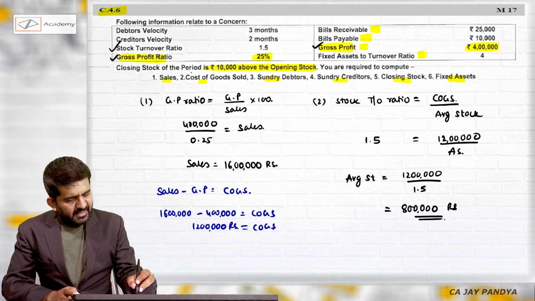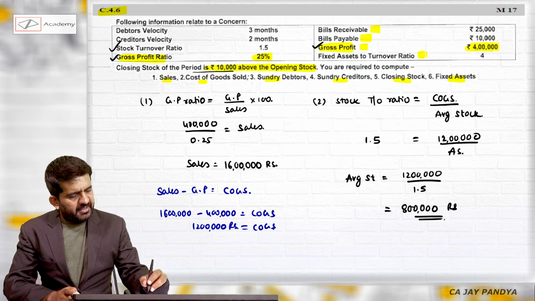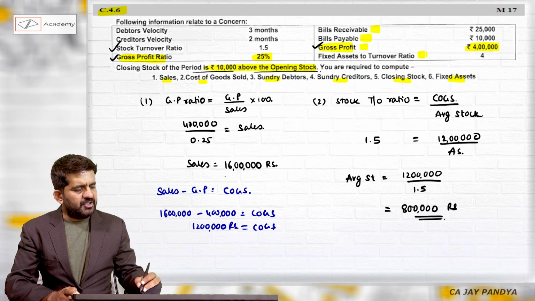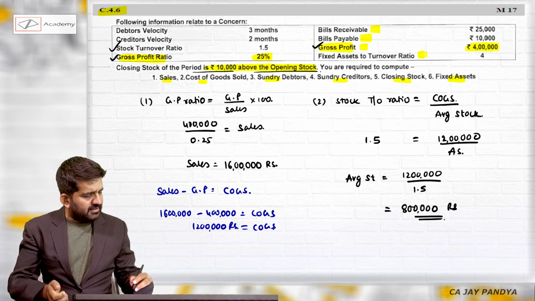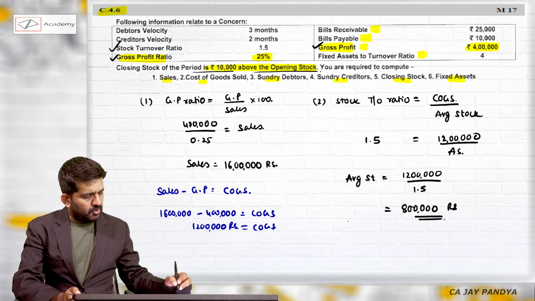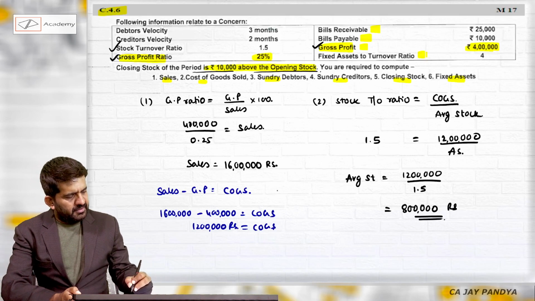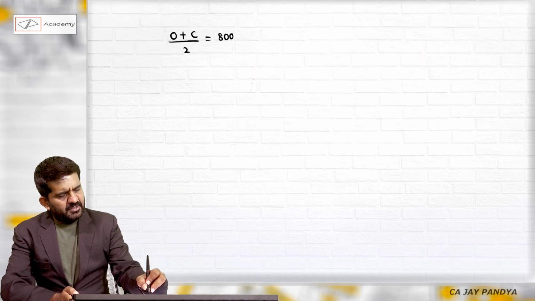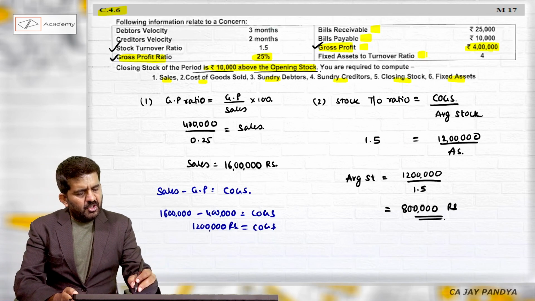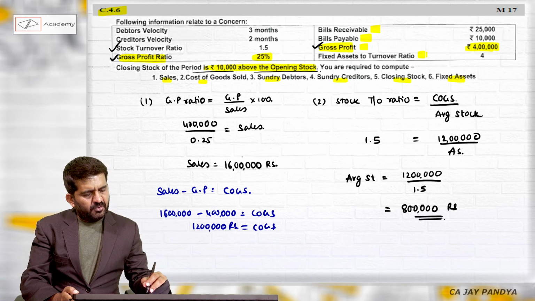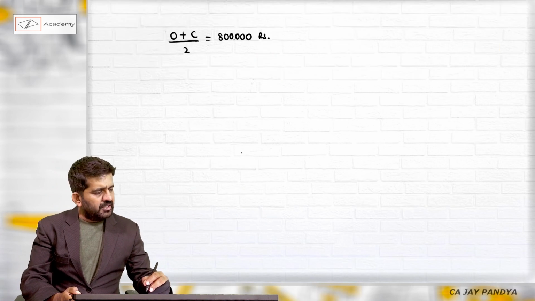Now from this line, closing stock for the period is 10,000 above the opening stock. I will be getting both the answers, that is closing stock and opening stock, once I have an average stock. Opening plus closing divided by 2 is equal to 8 lakh rupees. Also it is given closing stock for the period is 10,000 above opening.